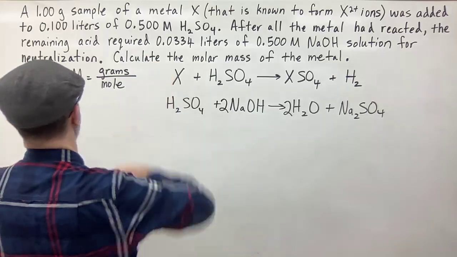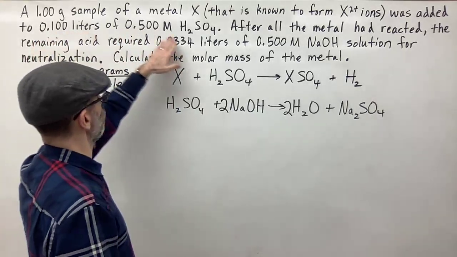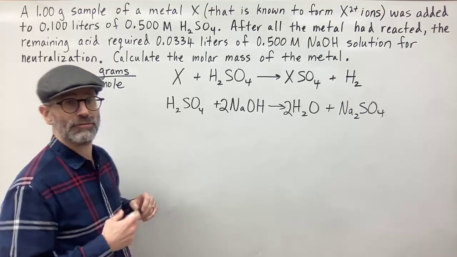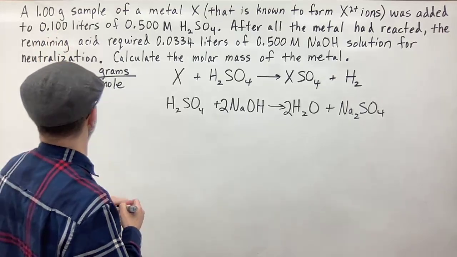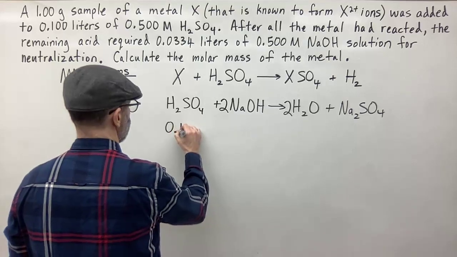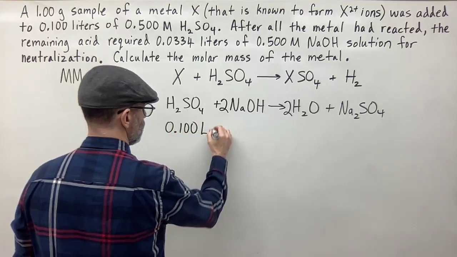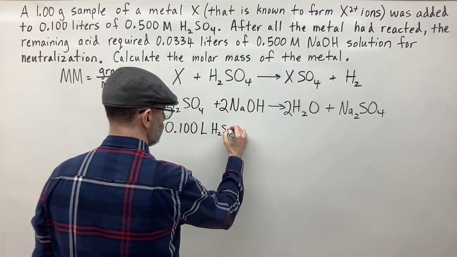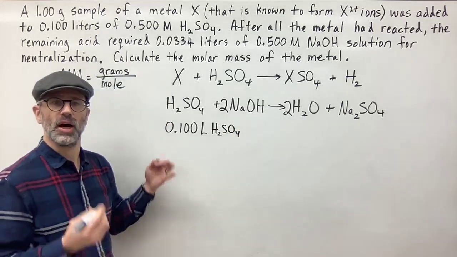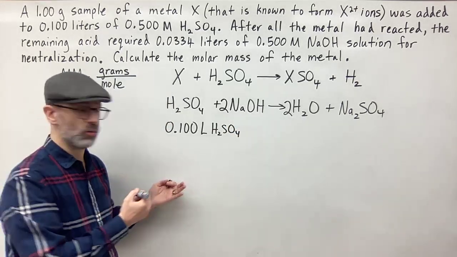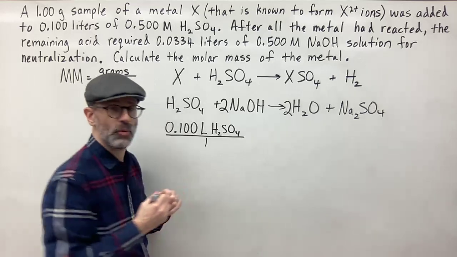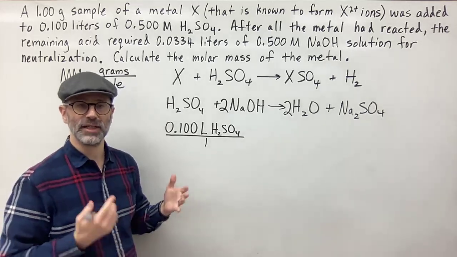Let's first figure out what the total number of moles of H2SO4 was that we had to begin with. To find that, we're going to take the liters of our H2SO4, 0.100 liters, and we want to know the total number of moles of the acid we had to start with. This is where molarity is going to be important, because you can use molarity as a conversion factor.